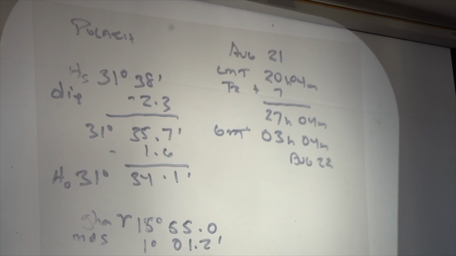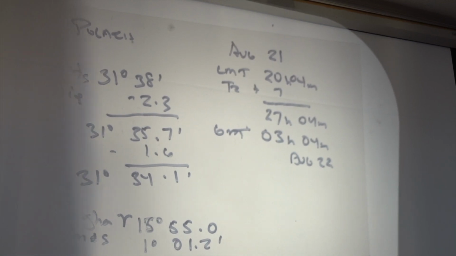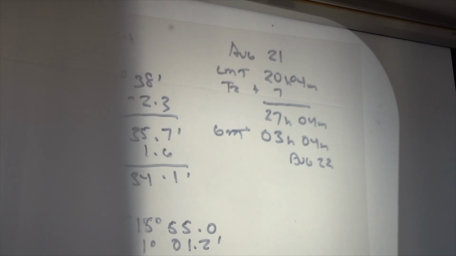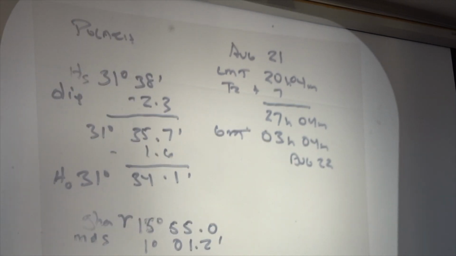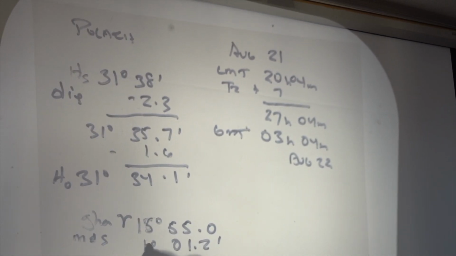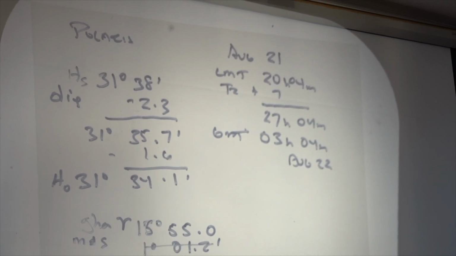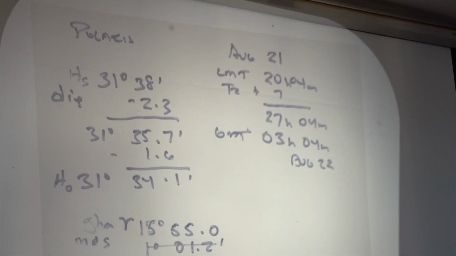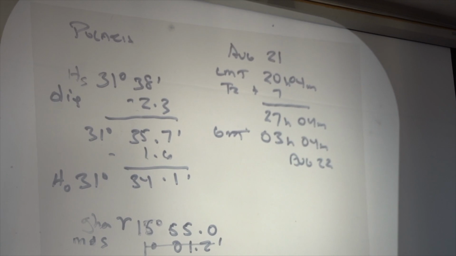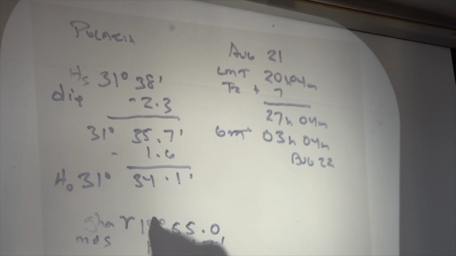4 minutes exactly, so it'd be 0.2? It would be the top one. You're right, I'm sorry. Thank you. So 1 degree, 00.2. Cross that one out. Okay, and this was 15 degrees, is that right? Yes.